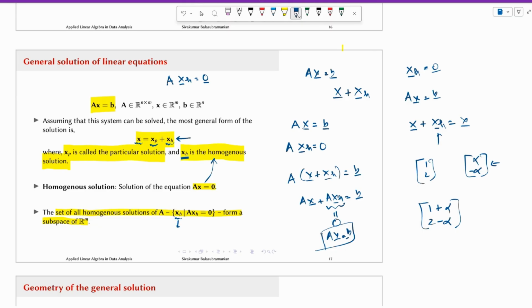What space are the elements xh from? Are they from Rn or Rm? A is the n cross m matrix, so they are from Rm. The set of all homogeneous solutions will essentially be a subspace of Rm because these are all elements from Rm.